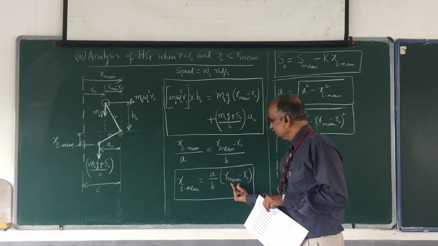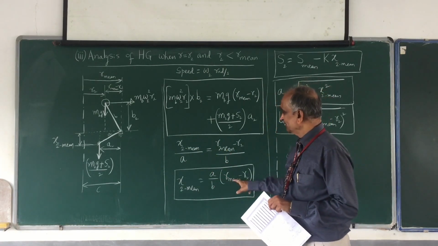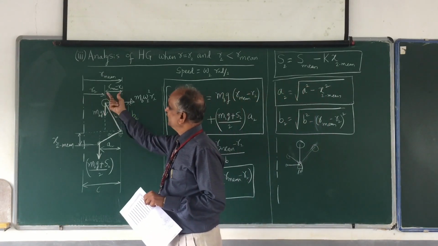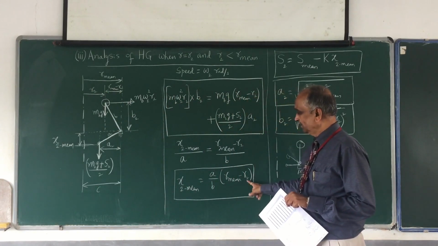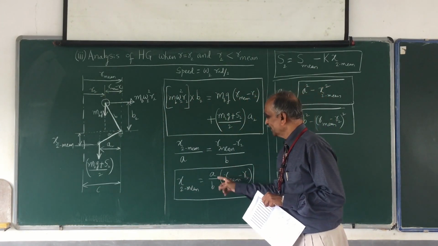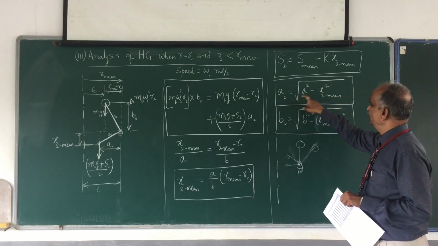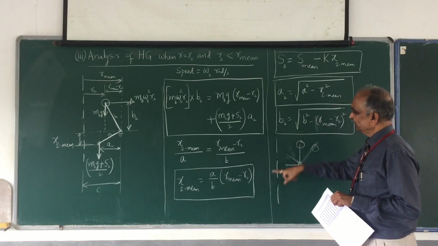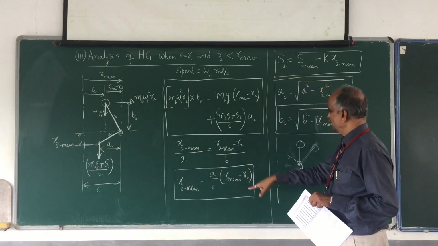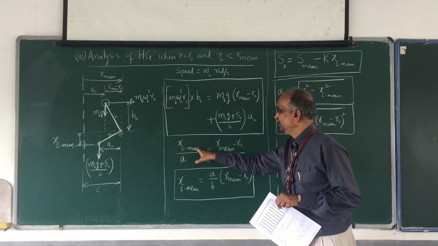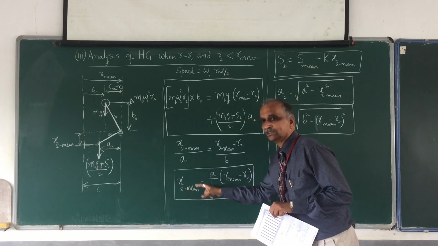By chance, R mean minus R2 may be very small. If that is very small, what will be the value of A2? You can see here A2 and B2. If R mean minus R2 is small, then X2 also is going to be small. X2 mean is here; if this is small, then this also is small.